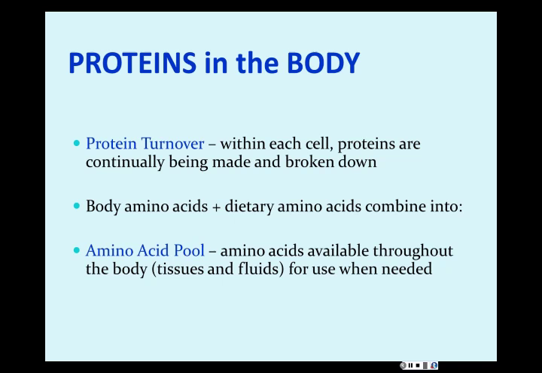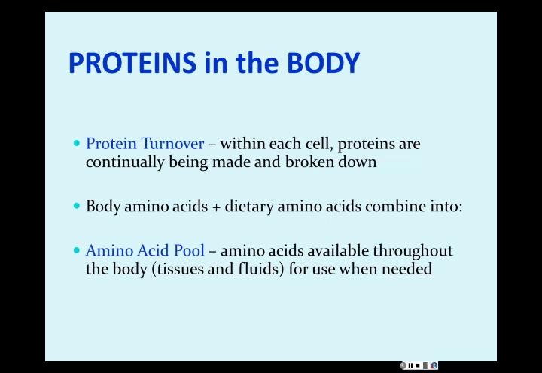The rate of protein degradation or breakdown and the amount of protein intake in our diet may vary, but the pattern of amino acids within the pool remains fairly constant, regardless of their source, whether it's coming from proteins being broken down or if it's coming from protein in the diet. Any of these amino acids can be used to make body proteins or other nitrogen-containing compounds, or they can be stripped of their nitrogen and used for energy, either immediately or stored as fat for later use.